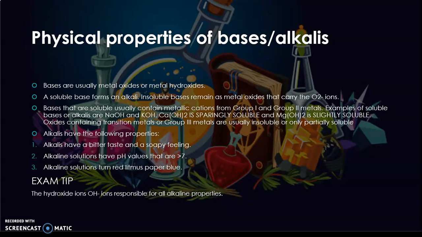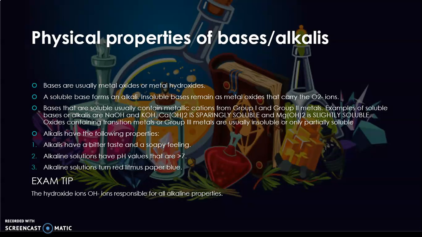So bases that are soluble usually contain metallic cations, and I gave some examples. Calcium hydroxide is sparingly soluble, which means it is not very soluble, just slightly. Mg(OH)2, which means magnesium hydroxide, is also slightly soluble.